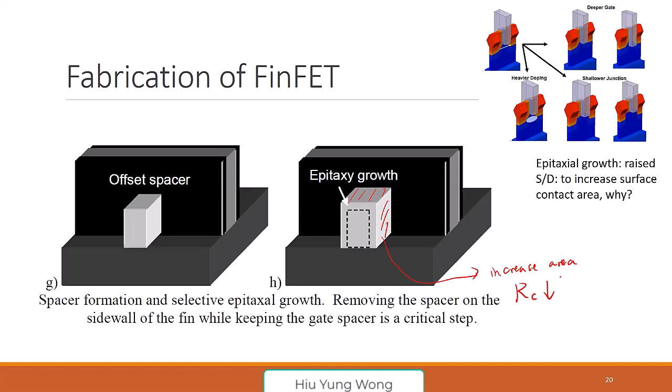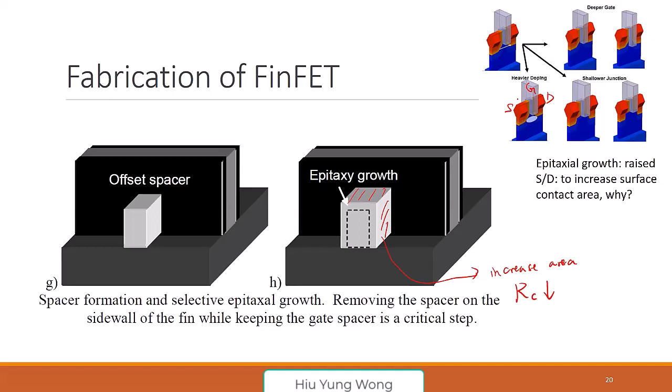But this drawing is not good. In reality, it will be something like this, a diamond shape. When you grow, the whole source drain will just blow up. This is the gate. This is the source, this is the drain. Of course, here we are not using SOI, so you actually have silicon underneath, but it doesn't matter, it's still the same, right?